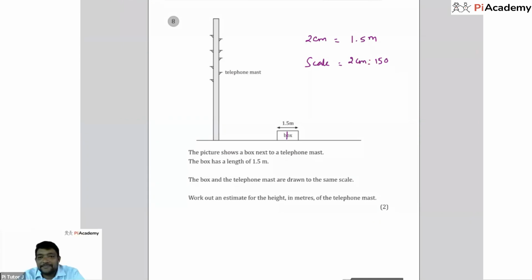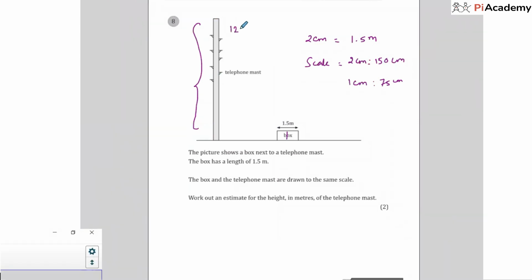Sorry. Yeah. 2 centimeters is to 150 centimeters. So the scale is 1 centimeter is 75 centimeters. So if you measure it, maybe you need to measure it. It is 12.4 centimeters. Sorry, how do you know that it's 2 centimeters?